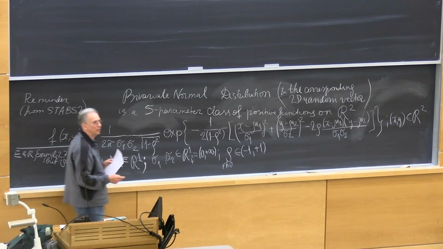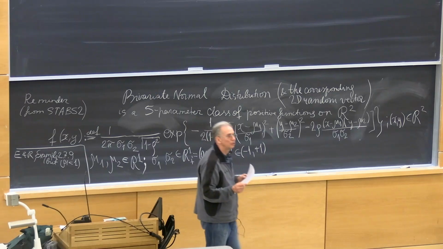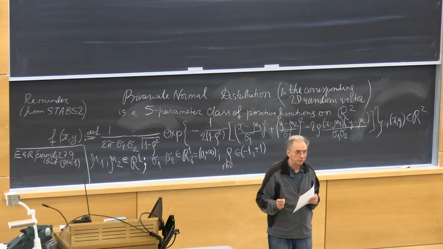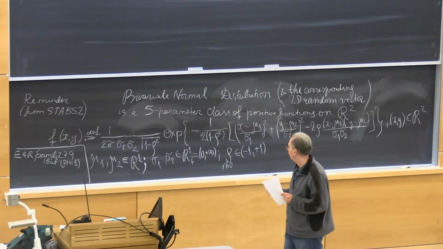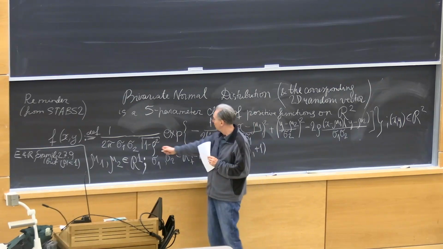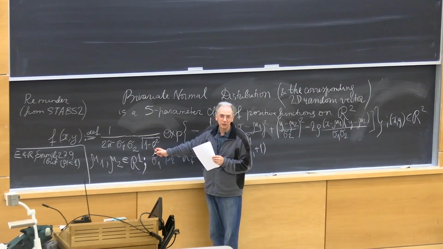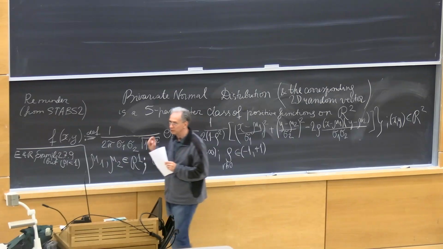There is a typo in the book. It's less than or equal to 1. Okay? We cannot have positive or negative 1 here because the denominator will blow up. We don't want that. Okay? So it's just a typo.